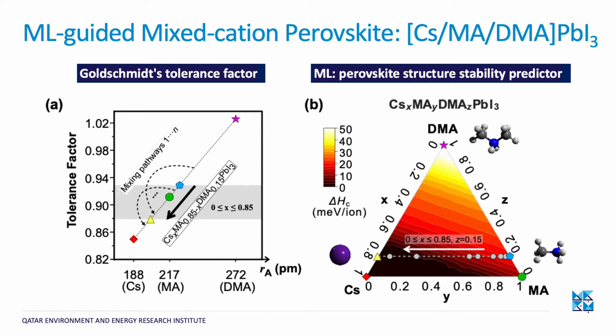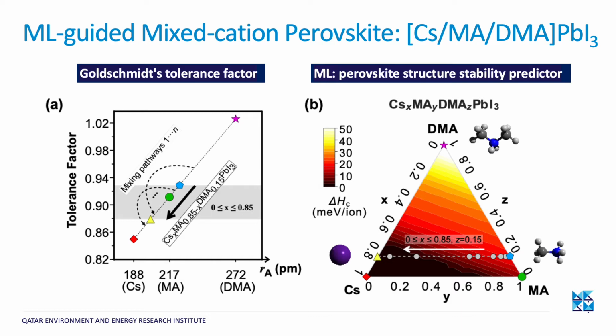When we start from Goldschmidt's tolerance factor, for example, as shown in the left figures, one may notice that single cation compositions such as cesium and MA give us tolerance factor below 1, indicating competition between cubic and tetragonal structures by mixing the cations. In the meantime, as shown in the right figure, our ML model displays the predicted energy difference, and this value is denoted as delta HC by the color mapping.